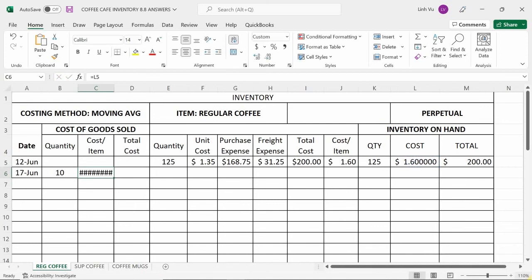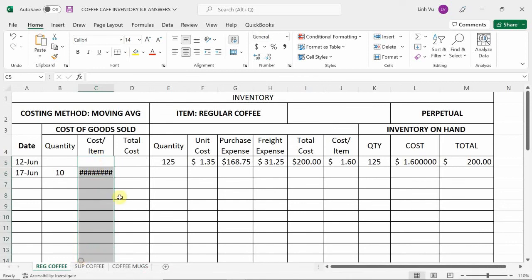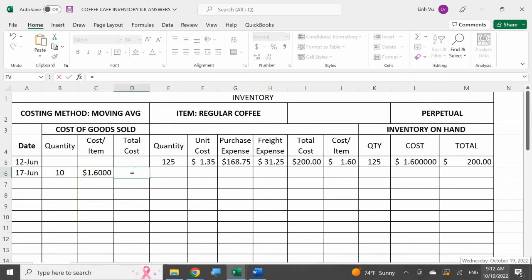So if I'm at $1.60, right, and I used 10 pounds, how much is my total cost of goods sold? $16.